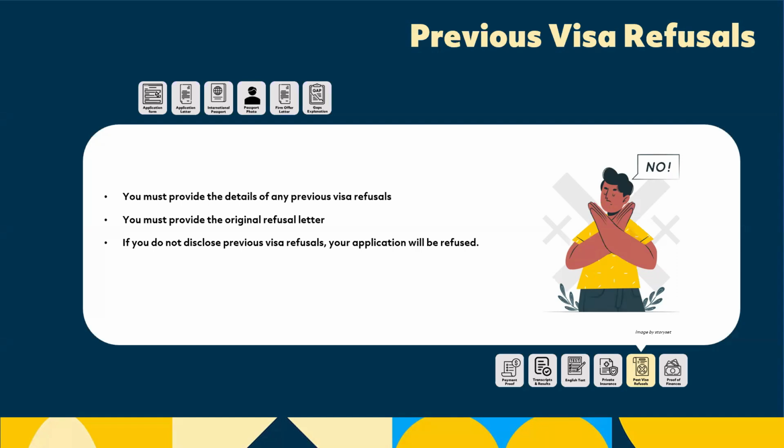You must also provide the original refusal letter if you have it to support that claim. If you do not disclose this, your application will be automatically refused. So it's very important that you think back to whether you have ever been refused, and give a reason why you were refused as well.